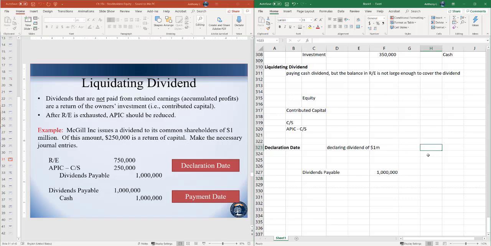In other words, our retained earnings balance is only 750. So the other 250 of this 1 million must be a return of capital. To journalize this, we'll debit our RE for the full balance left, and then the remaining amount of the dividend over the retained earnings balance is going to reduce your APIC account.